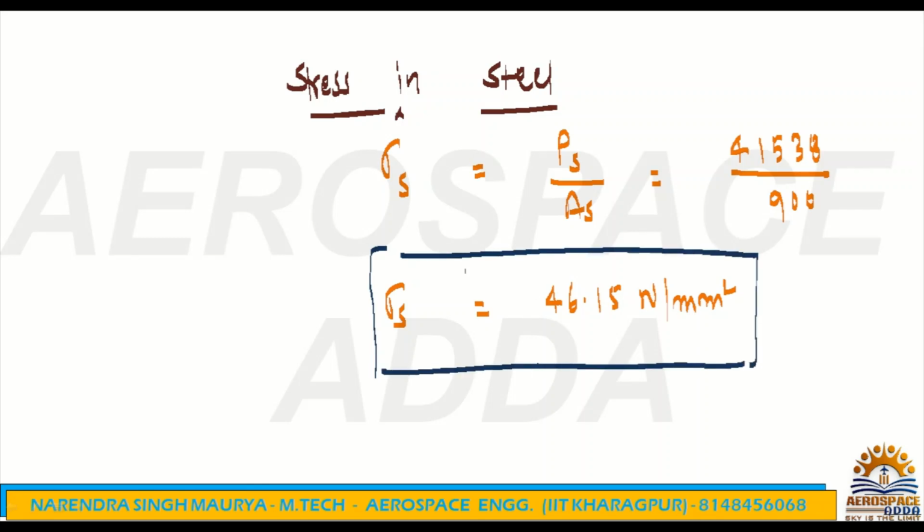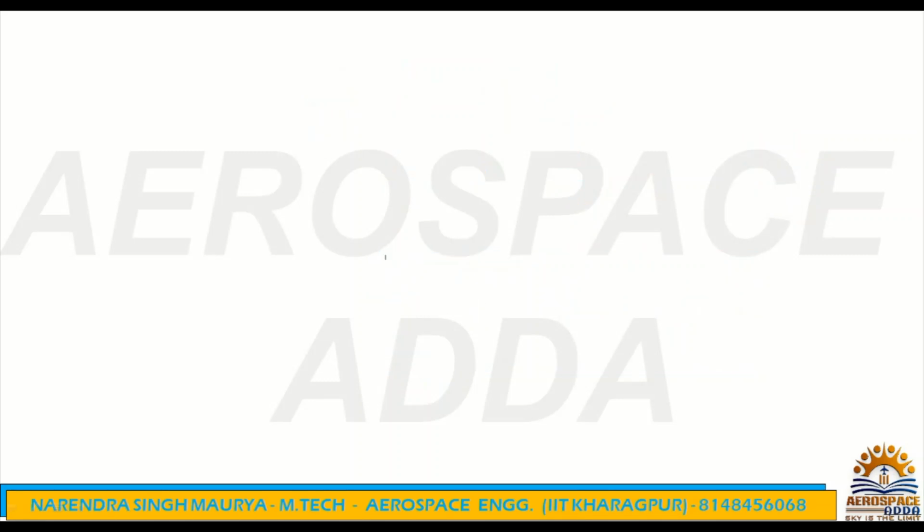Okay, because the compound bar is made by two different materials, steel and aluminum. Now what is the change in length for the compound bar? As I told you, the second key point was delta L1 is equal to delta L2, meaning aluminum and steel must be the same. So for anyone you can calculate.